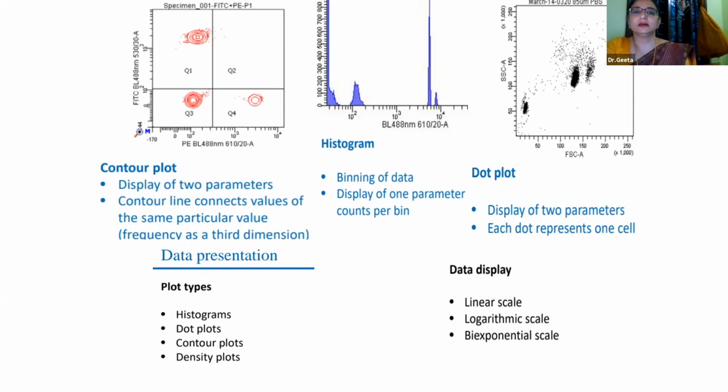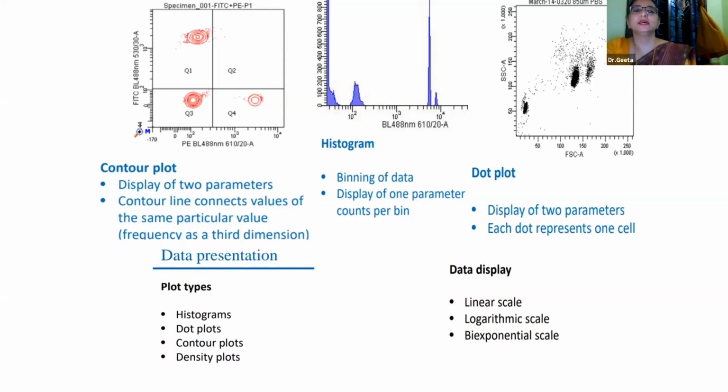And it also needs to be emphasized here that the scales that we use for these histograms are not the same as our CBC histograms. Most of the times when we use a fluorescent tagged antibody, we use a log or log linear scale.